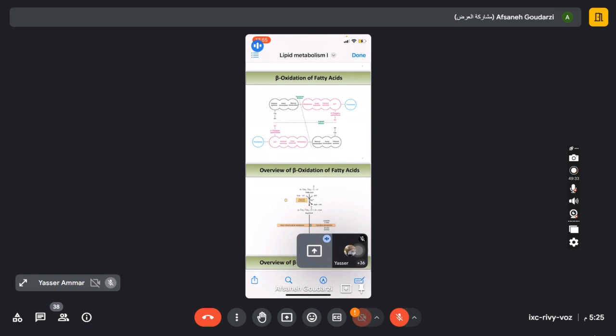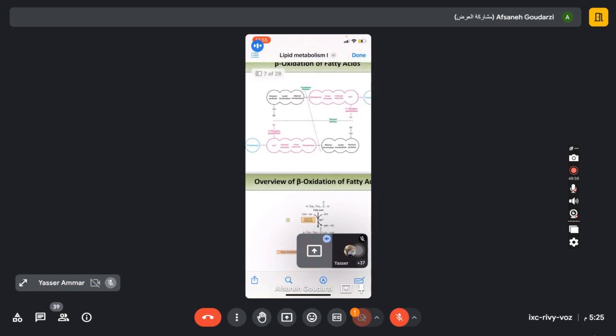deliver our fatty acid to the matrix of the mitochondria, where all the enzymes required for oxidation of fatty acid are present. So the enzymes which can oxidize the fatty acid in the matrix are shown here.